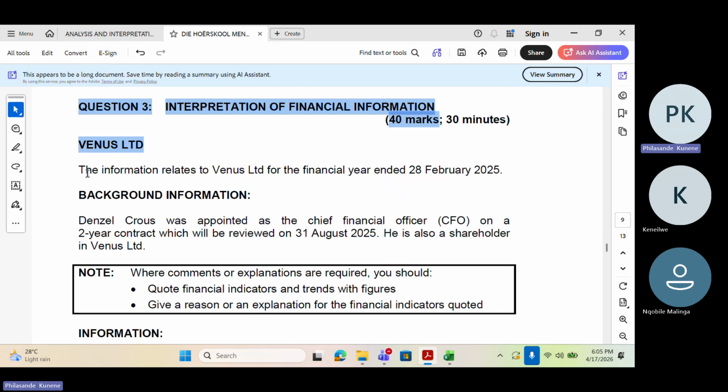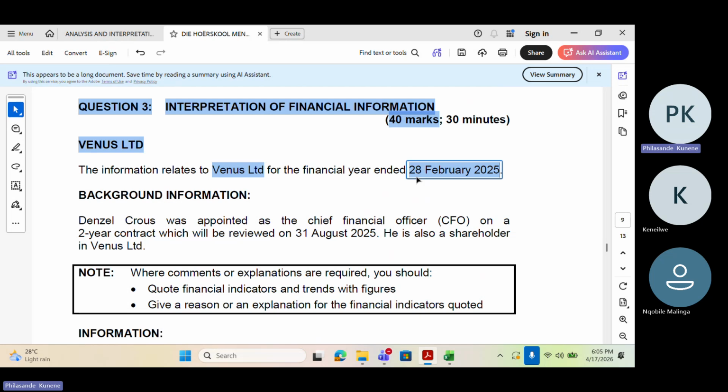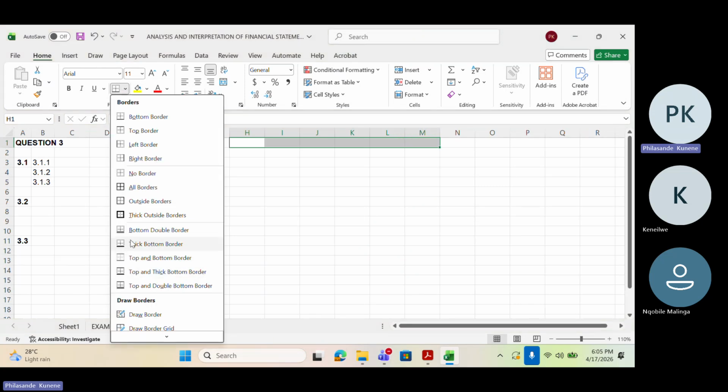Venus Ltd. So what they're saying here, the information relates to Venus Ltd for the financial year ended 28 February 2025, right? So this is our financial year ending 28 February 2025. I would like to know when is it starting? If it ends 28 February 2025, when is it going to start?